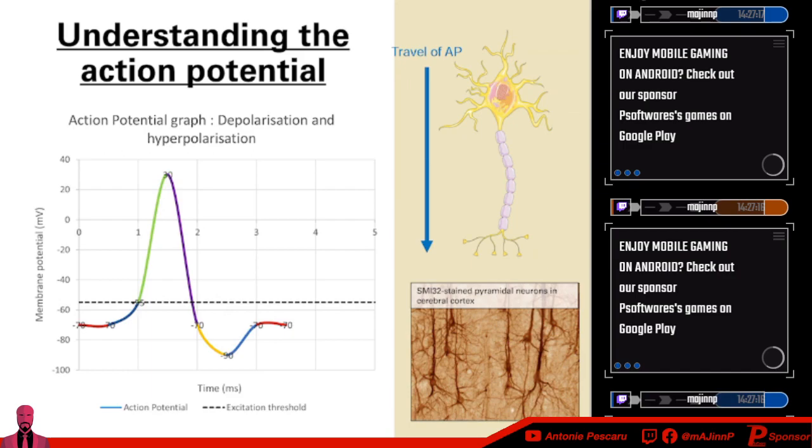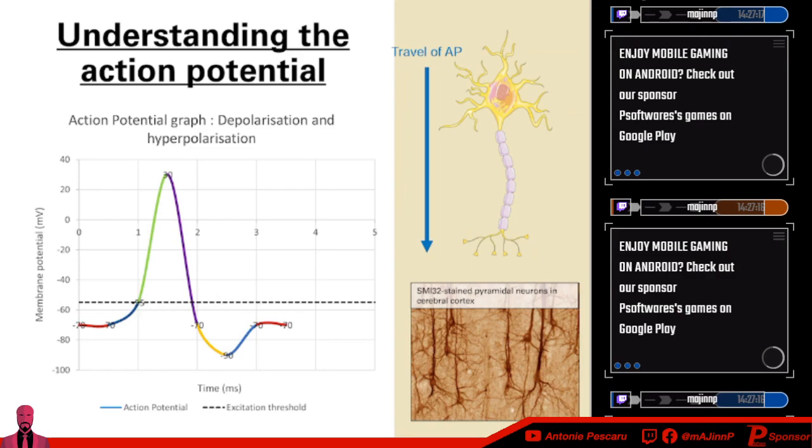That action potential is going to travel in the axon, right? And every single time that action potential travels, it reaches plus 30 millivolts.